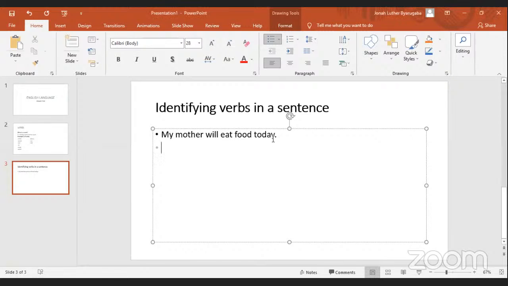Second sentence. I am mopping the house. Which one is the action word there? Type in the chat very fast. We want to get to another thing very fast.